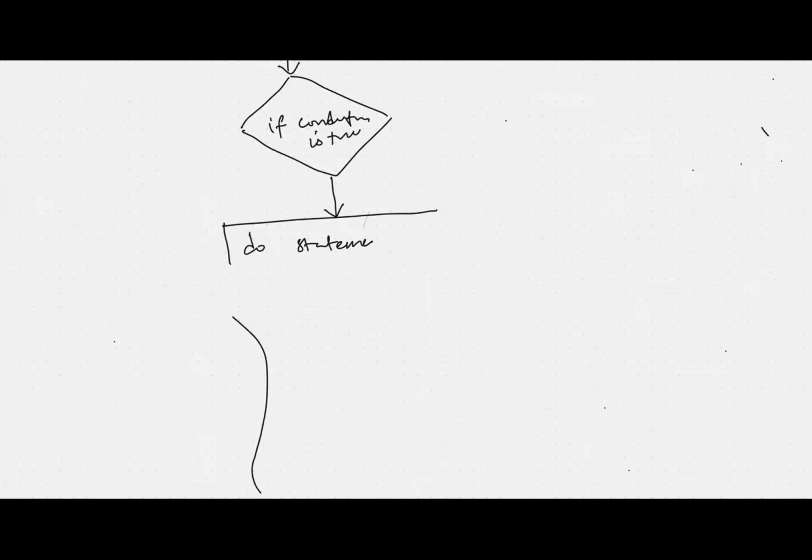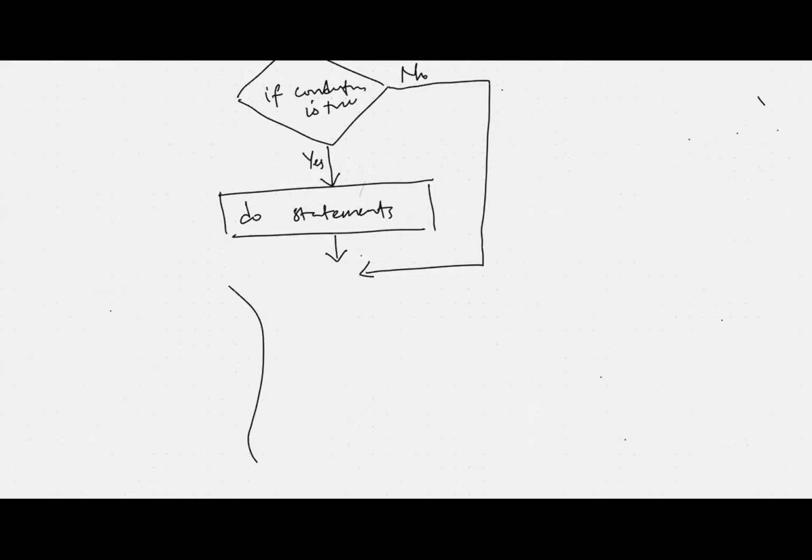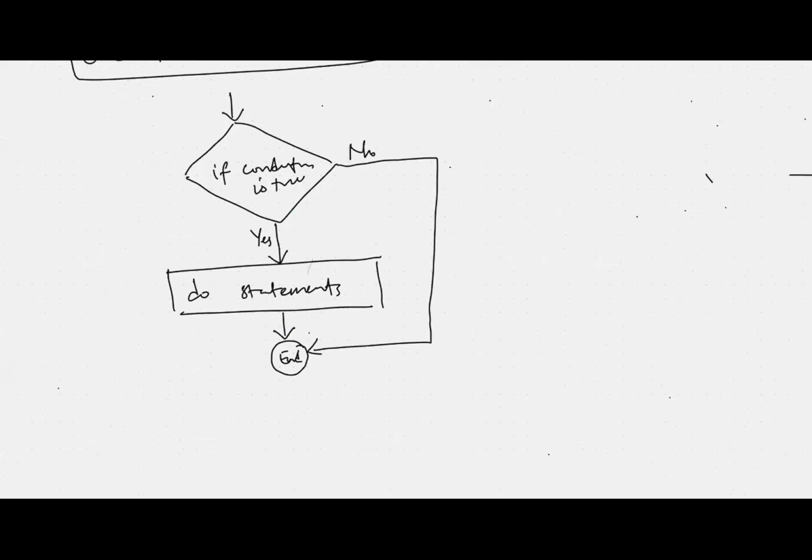This is only done if it is true. But if it is not true, which is when the answer is no, we will just continue and run something down here. So you have an infrastructure looking like this for the single if statements.